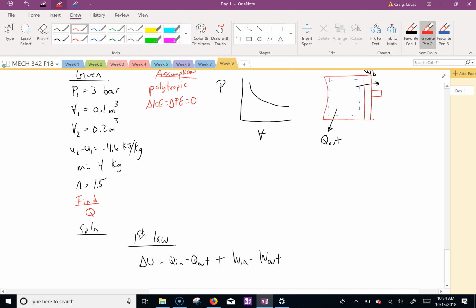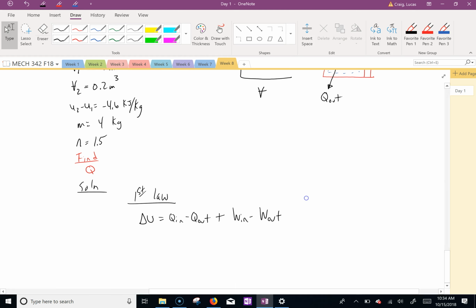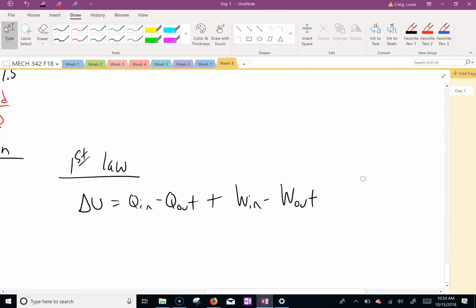Okay? This whole piston cylinder is not moving in the air or moving around. Just the piston on the right is moving. Okay? But we're not worried too much about that. So here's our first law. Is there any Q in? Oh. Any work in? Oh.